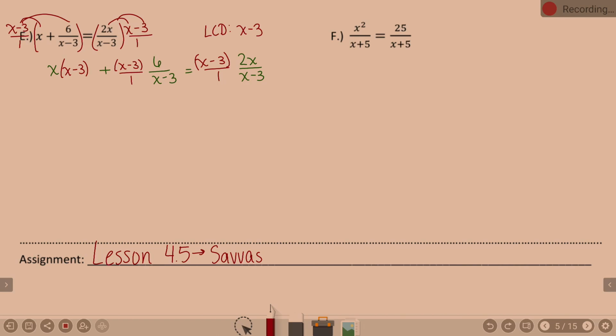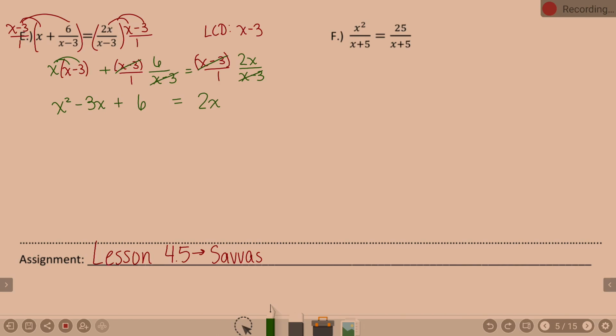Now, what about x times x minus 3? It's just a distribute, yes? Yeah. x wasn't a fraction, so we just multiply. There's no canceling. So x squared minus 3x plus 6. The x minus 3's cancel, leave me with 6 equals 2x.